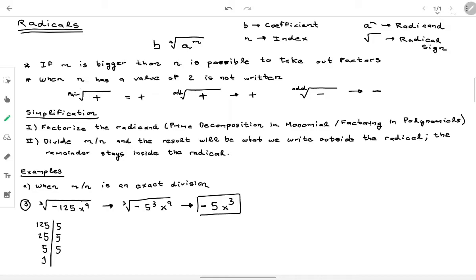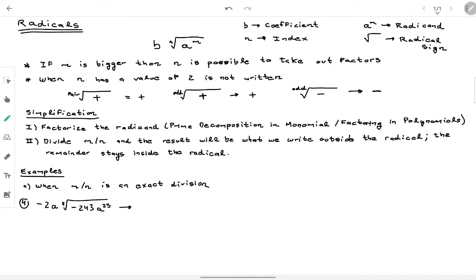Let's see another example. In this example, it's going to be a little bit different because we have a coefficient different than 1, but it's also going to be very simple. Remember, we will decompose the radicand. 81 divided by 3, 27, divided by 3, it's 9, divided by 3, it's 3, divided by 3, it's 1.